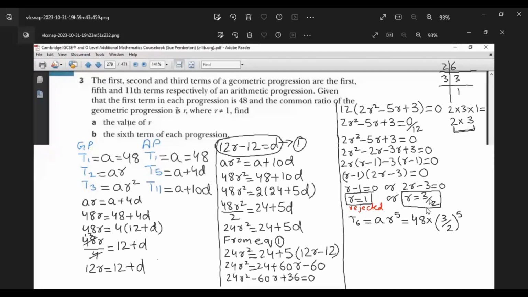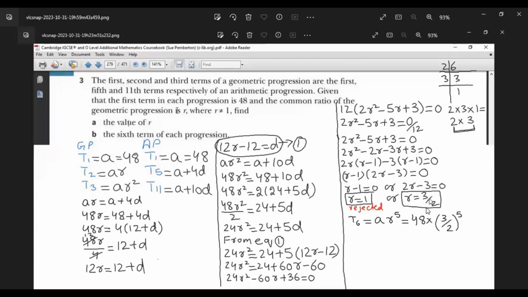So when I simplify this in the given scenario, what will be the result? As I have got the value of A and the value of R, I have to get the term 6.